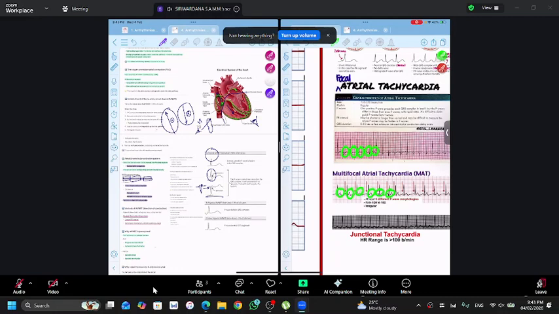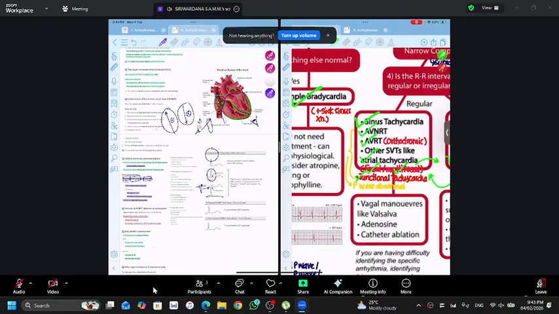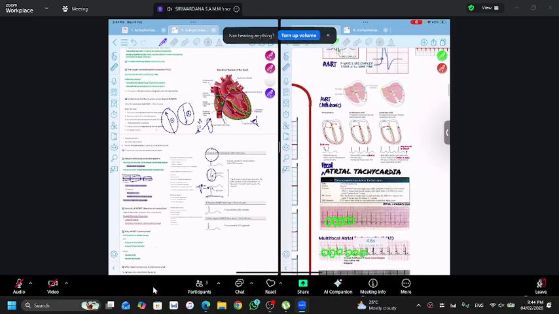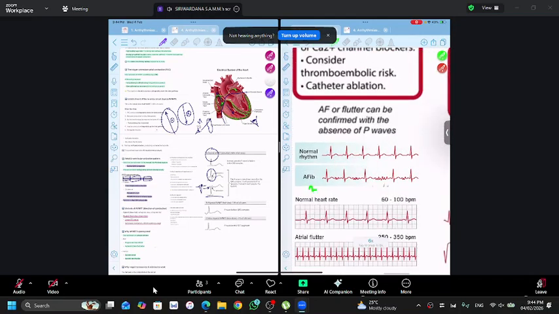In a junctional tachycardia, the P wave will be absent, or inverted prior to the QRS complex, or inverted after the QRS complex. Then there is atrial flutter, a regular atrial flutter, with a fixed rate, 3 to 1 or 2 to 1 block.